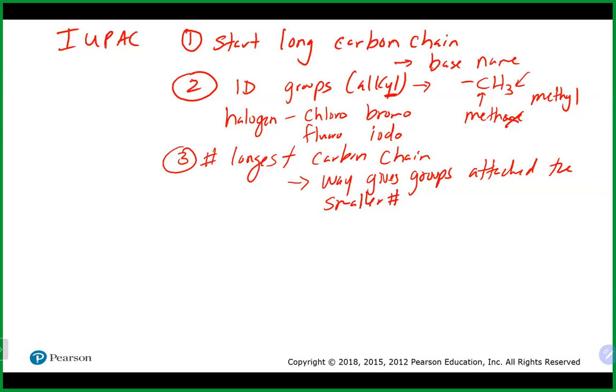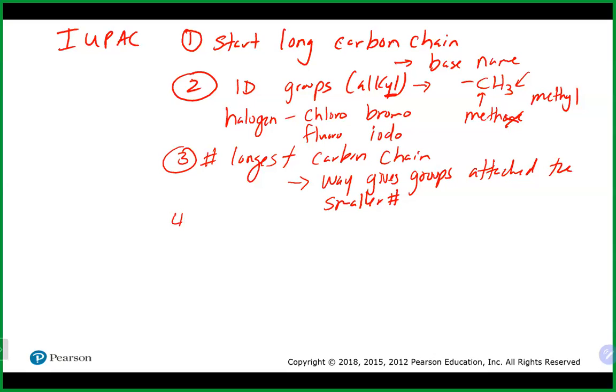Now, as we saw in a couple of examples, sometimes it really doesn't matter which way you go. You'll hit the same numbers. In that case, it doesn't really matter. But if you went one way and the groups were like 2 and 3, and you went the other way and the groups were like 4 and 6, then you would want to go whichever way is 2 and 3 in terms of numbering.